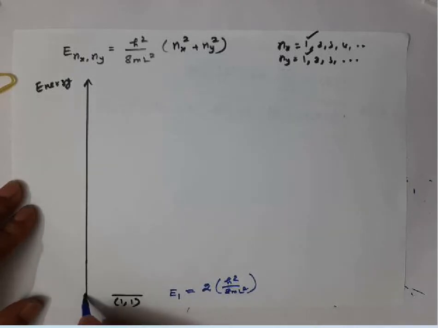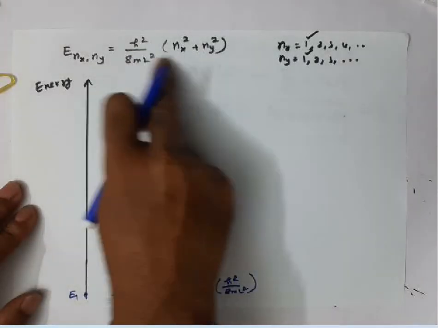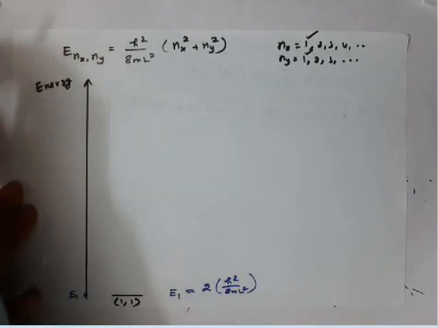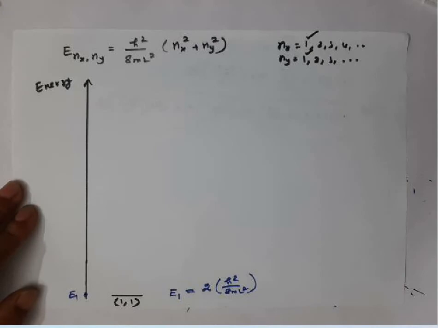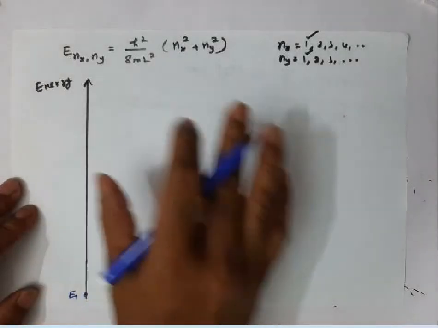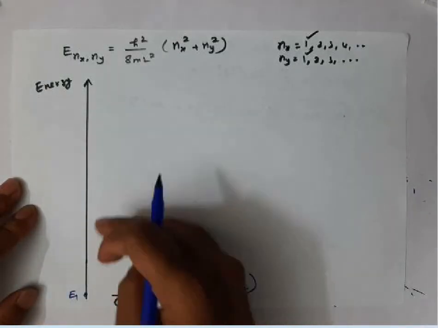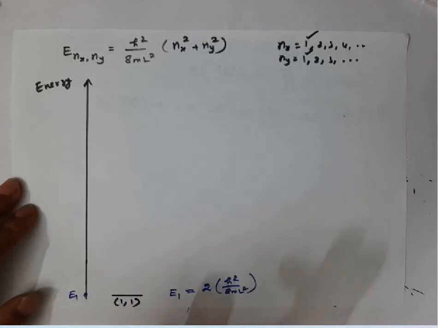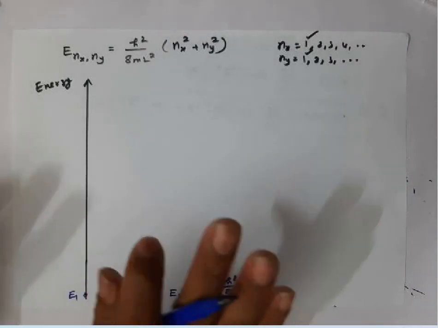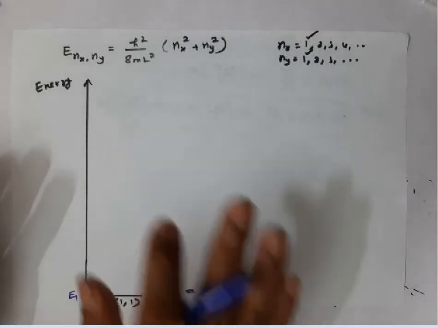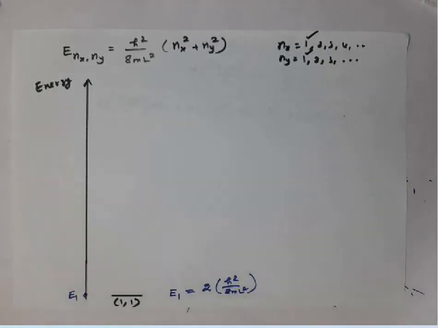E1. You know very well, while deriving this expression, we did not mention anything about the temperature. That means here we are working at 0 Kelvin. So these energies that I am going to show here are all considered at a temperature of 0 Kelvin.